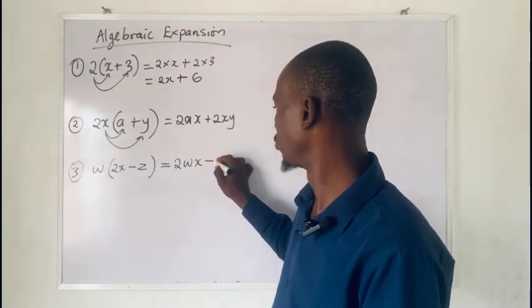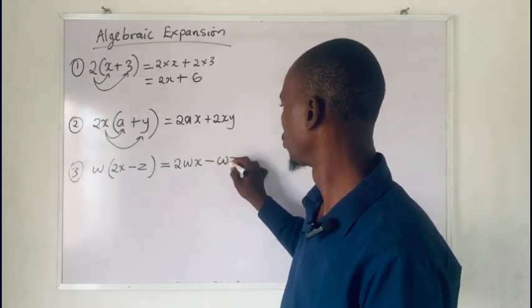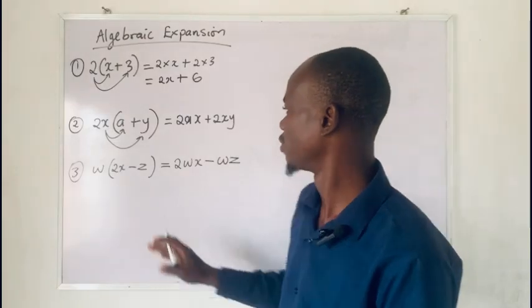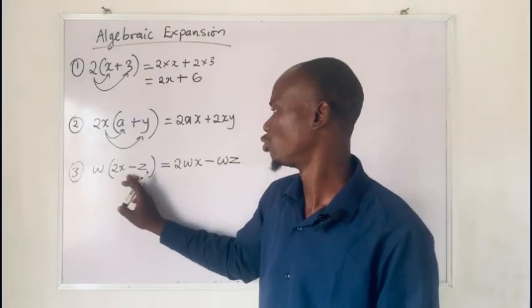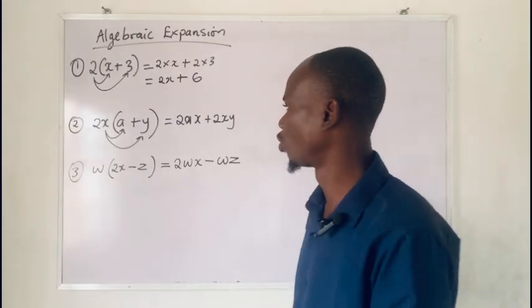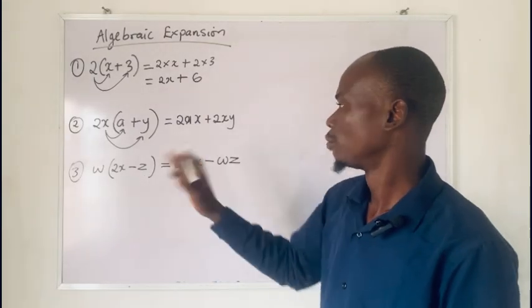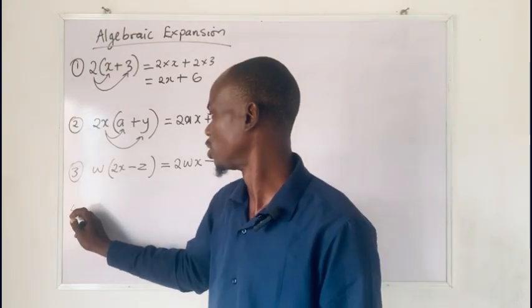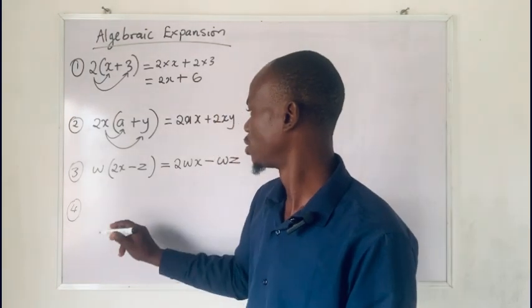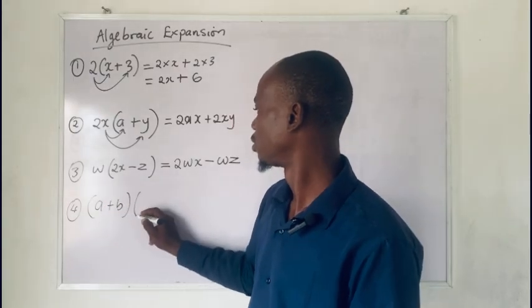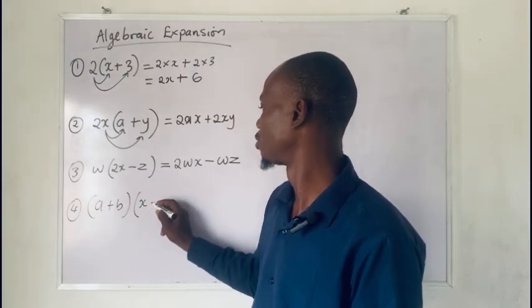So that will be minus wz. Is that okay? So this is when we have a single term multiplying a group of terms in a bracket. So now let's look at another case where we have multiple terms, double terms times double terms, as our fourth example. In this case, I have a plus b times x minus y.